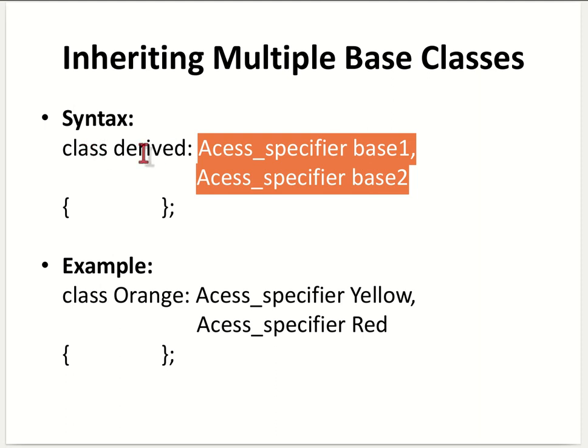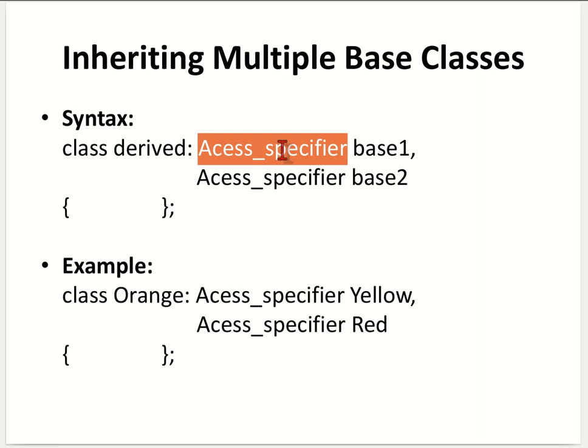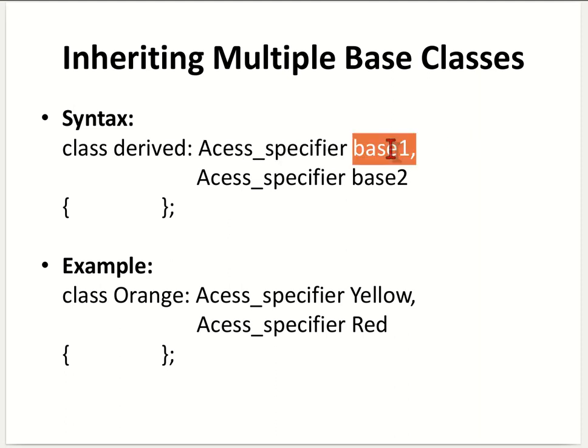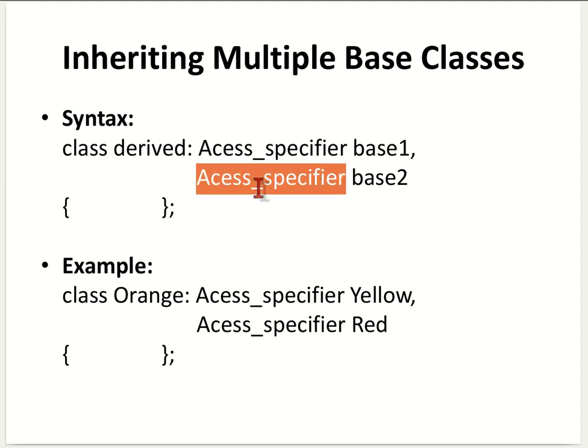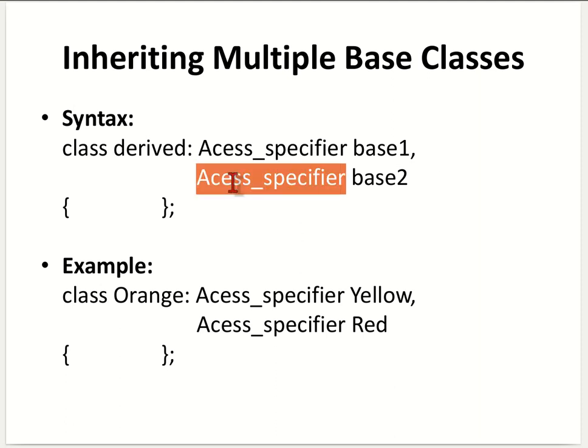Class, the derived class name, colon, access specifier which can be public, private or protected, and base 1, the first base class. Then you have to give a comma, then the access specifier, then base 2. So here we can see class orange is derived from yellow as well as red.